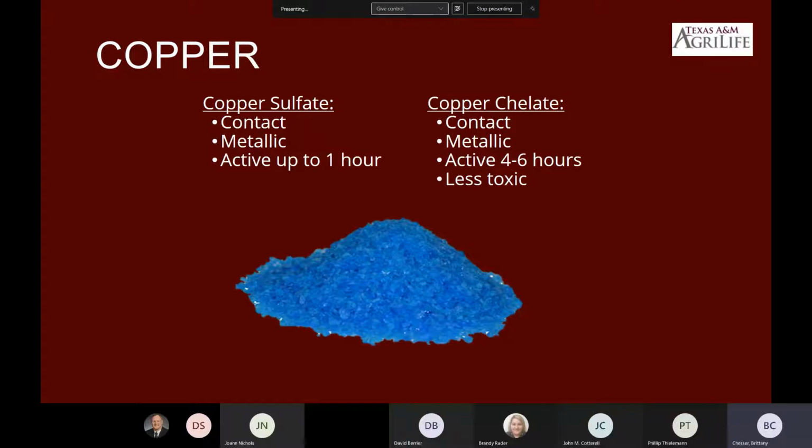If you use it at the labeled rate, it's not going to be an issue. I think it's pretty well known that if you overtreat your pond, you're going to see adverse effects. But copper chelate, relatively speaking, is less toxic than your copper sulfate, and so that just adds an extra cushion for you. But again, at the labeled rate, both of these are fine to treat with.